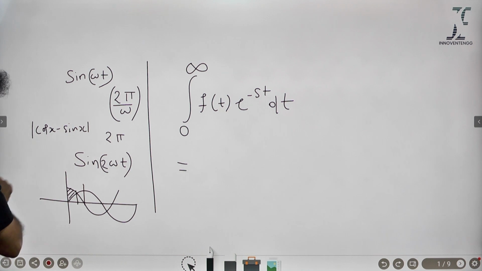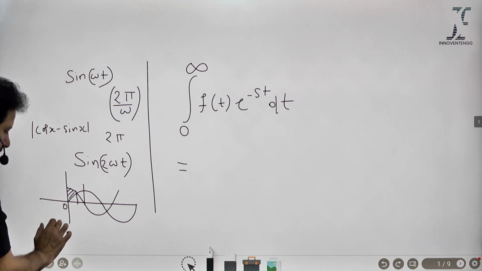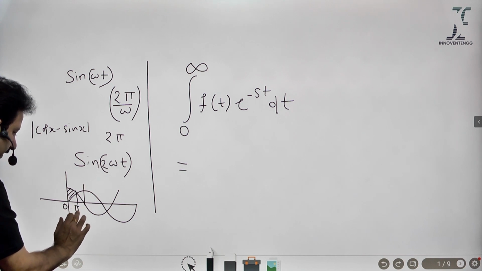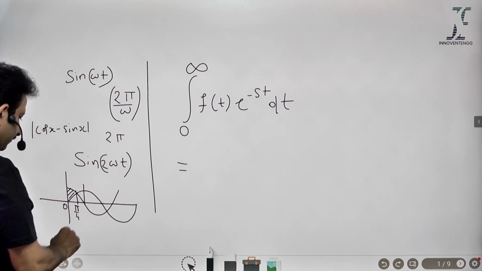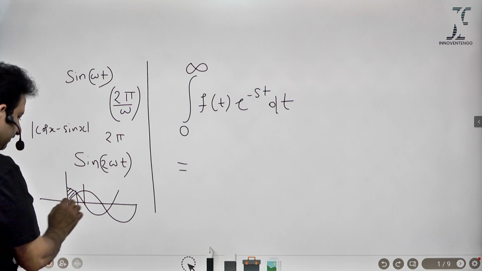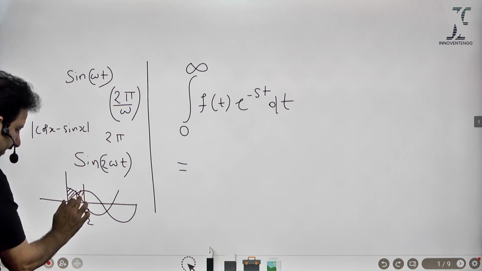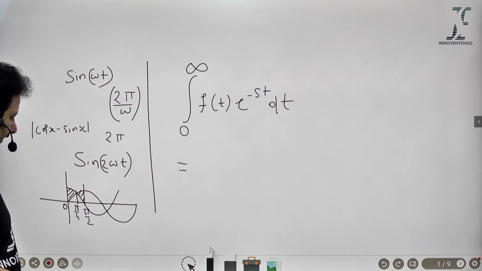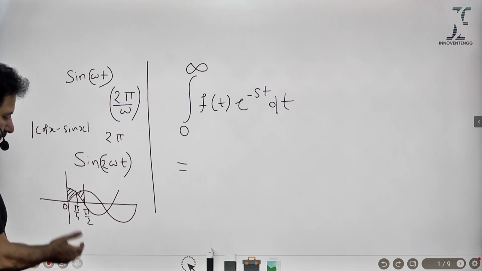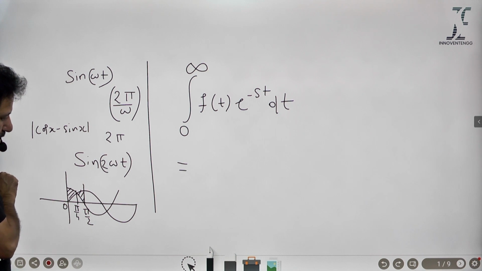So you will split the area under this particular curve into two integrals: from 0 to 45, that is pi by 4, you will have one integral, and from 45 to 90, that is pi by 2, you have the sine dominating. Then you will have another integral from pi by 4 to pi by 2. So this is split into two integrals.